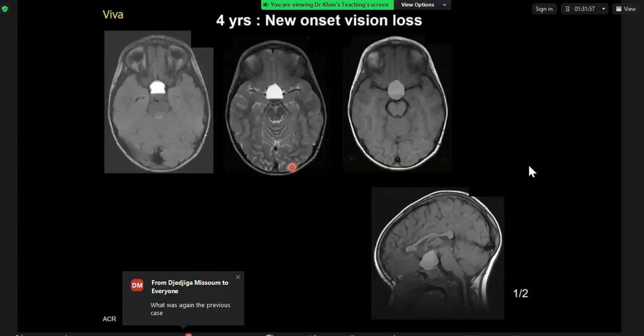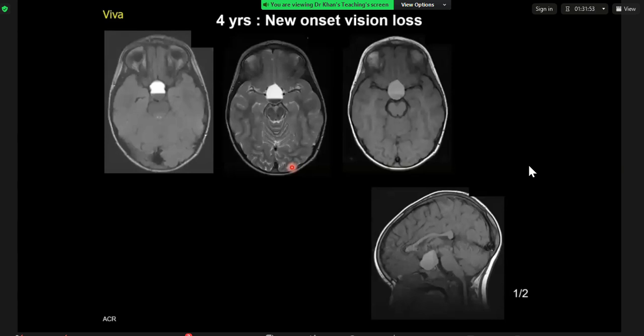And the rest, I can't see any intraparenchymal bleed or any other similar lesion.